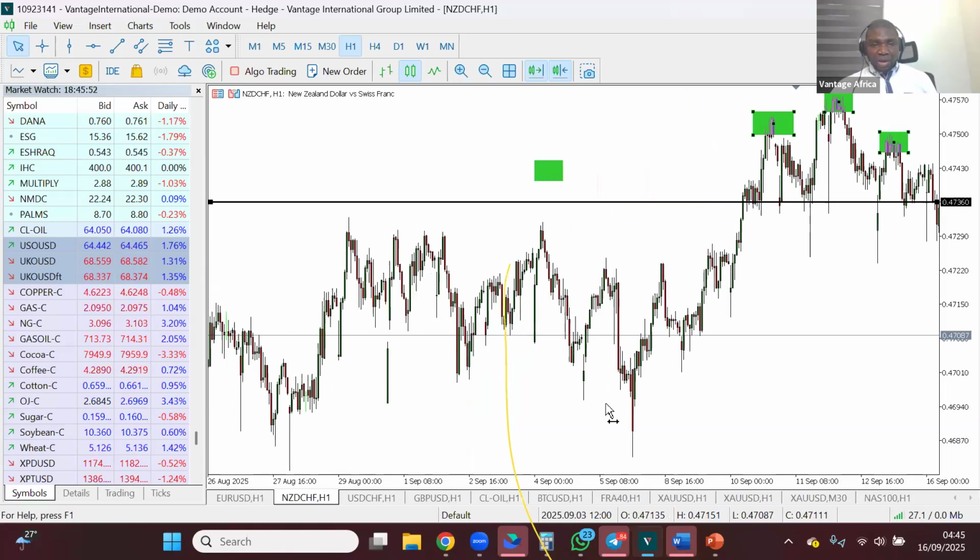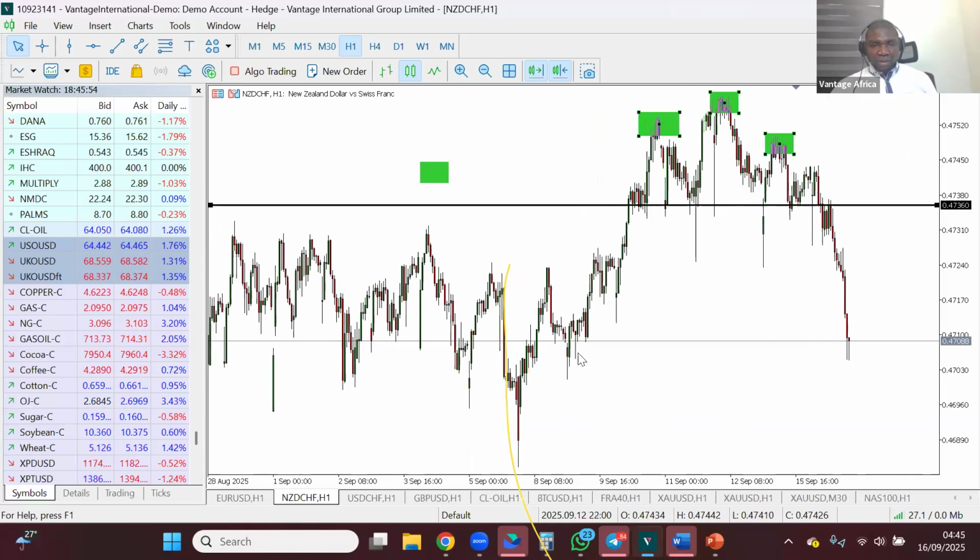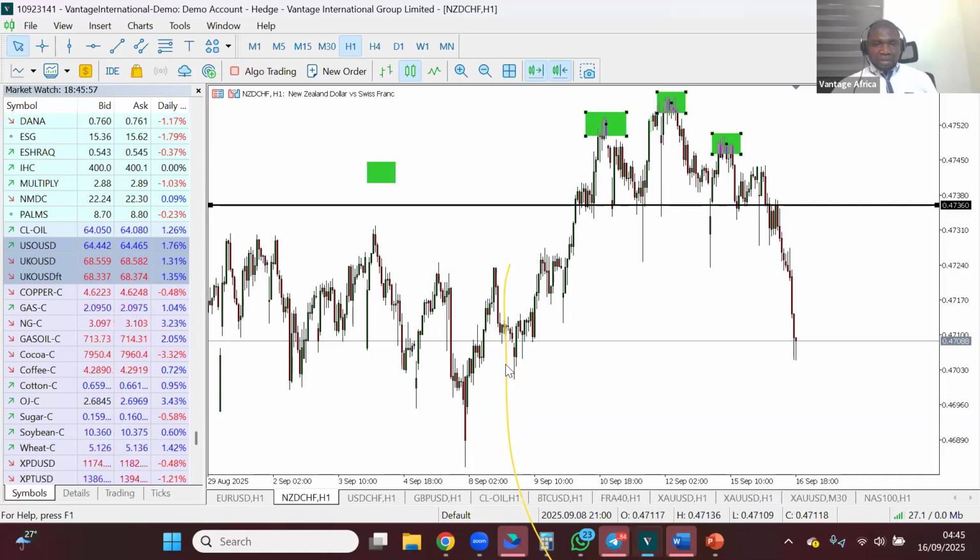An inverted head and shoulder, I'll try to see if I can find that. I will consider this to be an inverted head and shoulder right here. I didn't look at this before, but I can easily see it here.